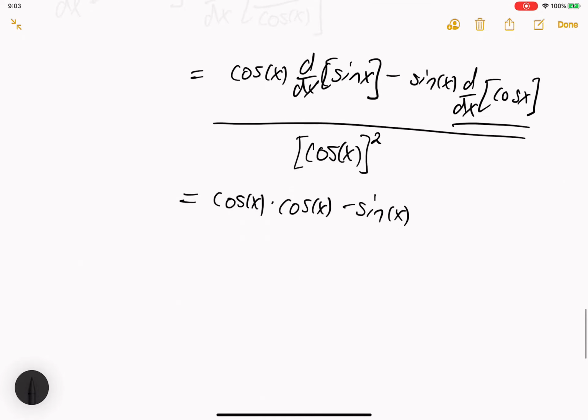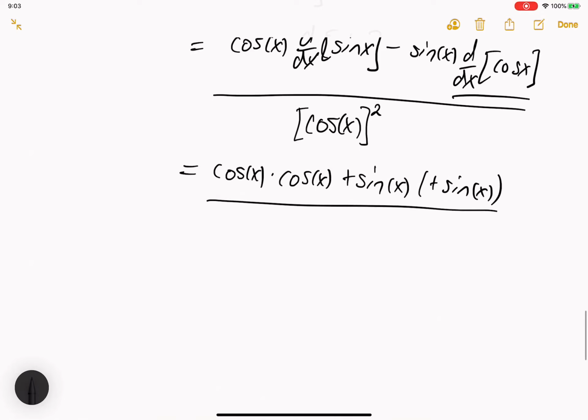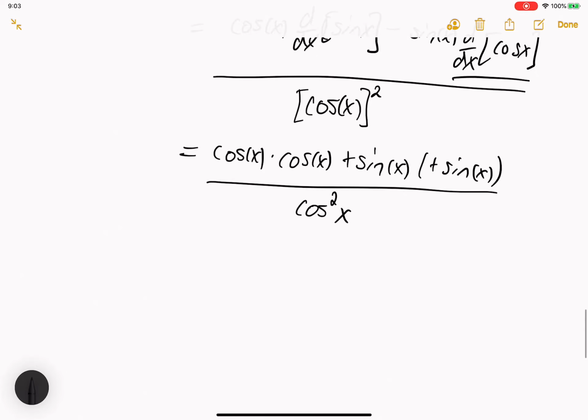And then this right here, like I just said, negative sine of x. So these negatives will cancel. And what we get is still all over cosine squared of x. But actually, I'll write it this way, this notation is a bit better. So what I get is cosine squared of x plus sine squared of x, all divided by cosine squared of x.